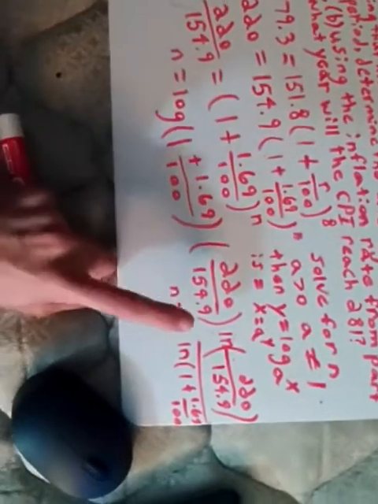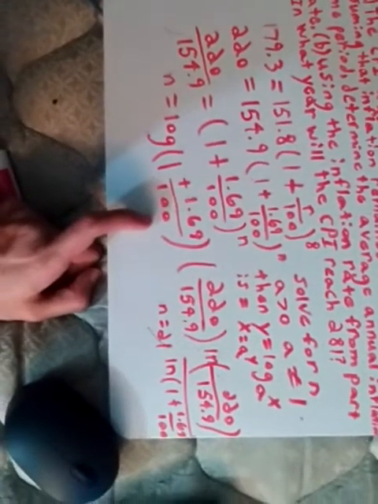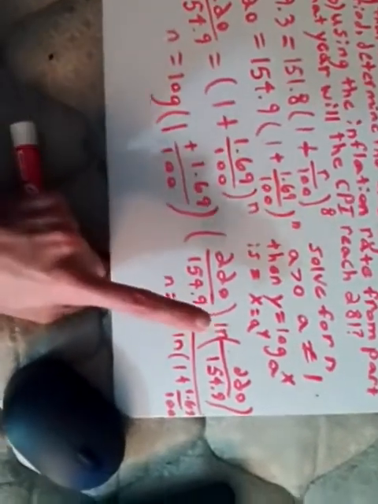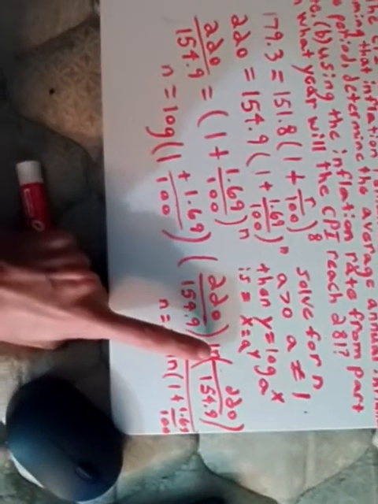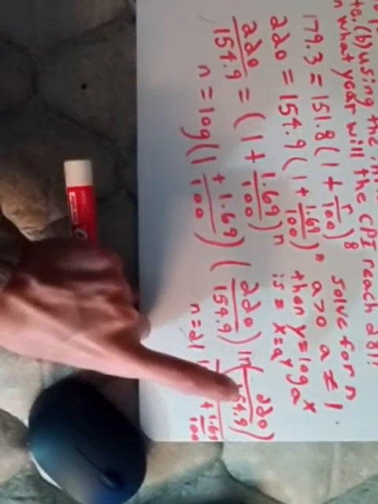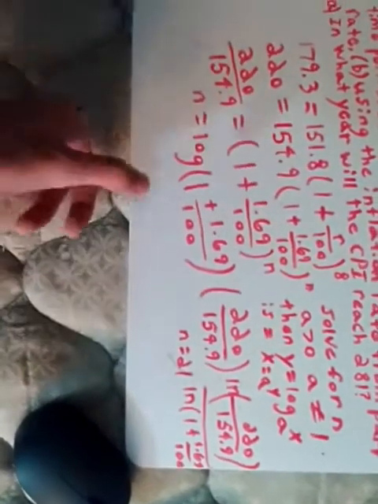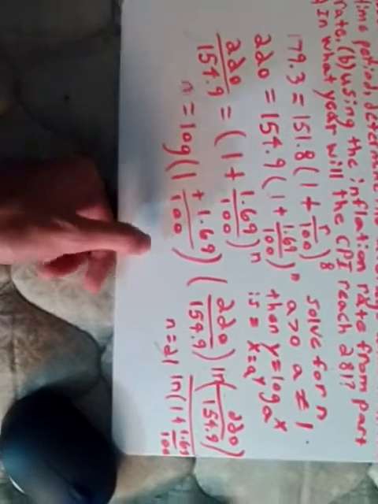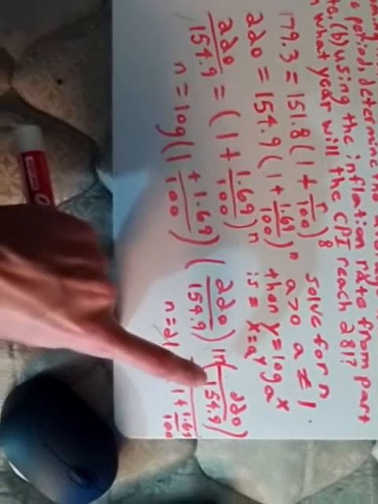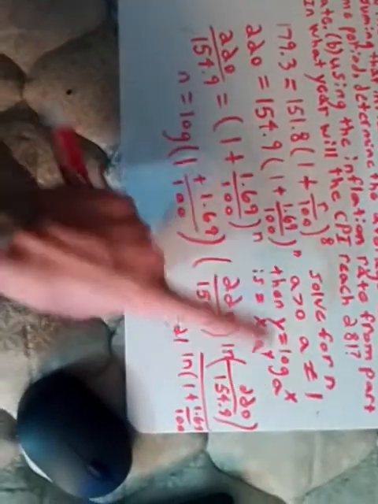So I'm going to use the change of base formula to find out what power I have to raise the base to. I take the natural log of the x value of the log and divide it by the natural log of the a value, which is the base.